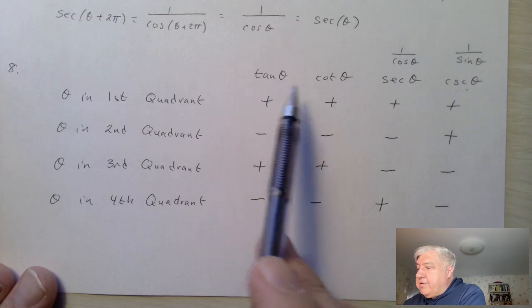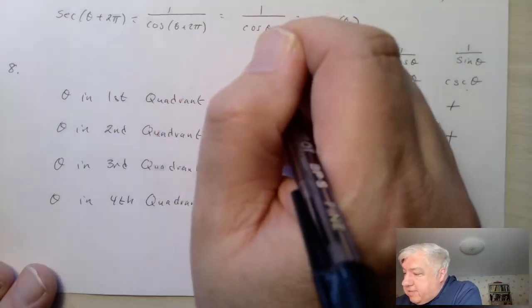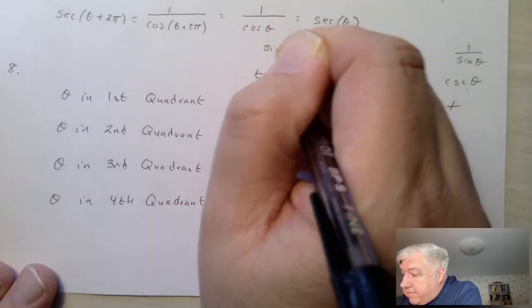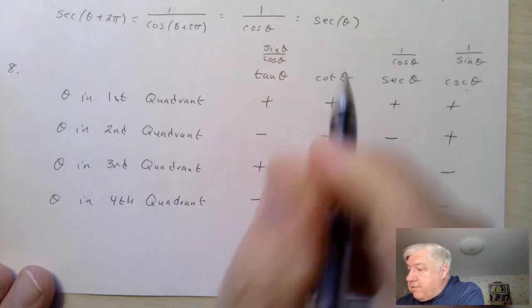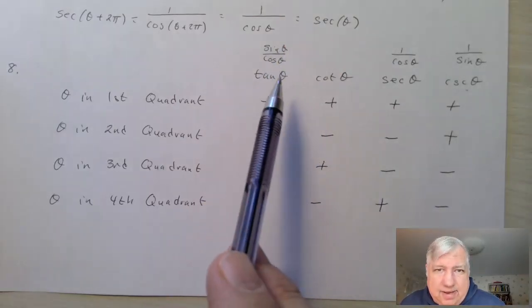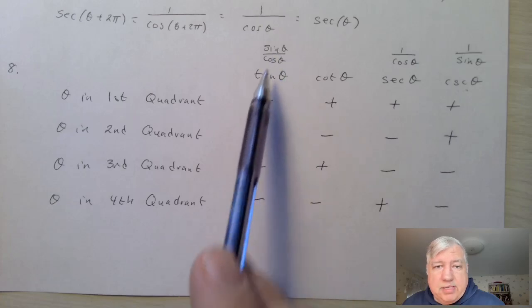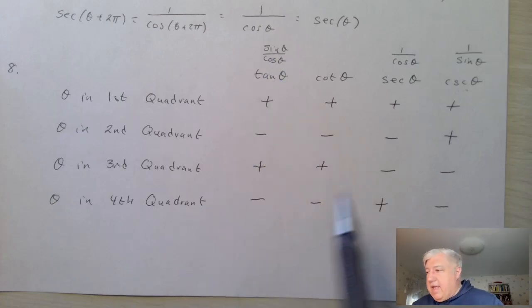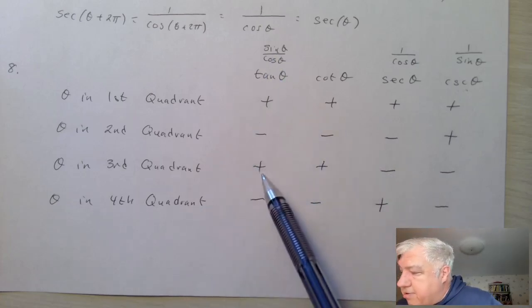And then for the others, tangent, we know that's sine over cosine. So this will be positive when sine and cosine have the same sign, if they're both positive or they're both negative, and that happens in the first and third quadrants.